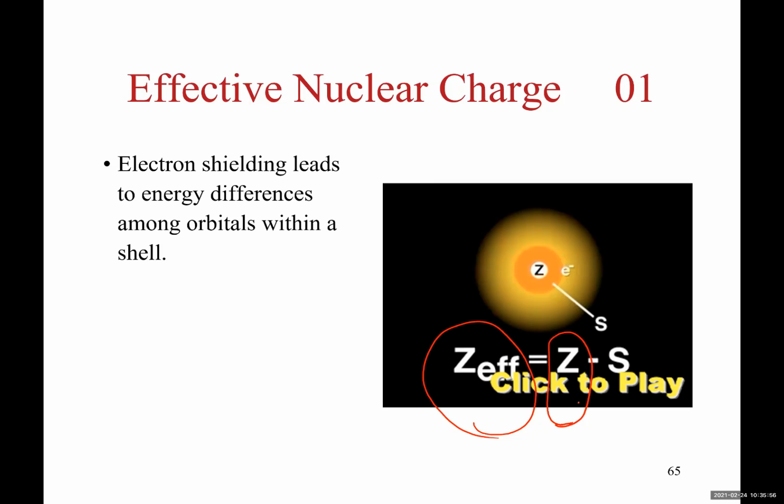What is the shielding effect? If a tree is shielding you from sunshine when you are sitting under the shade of a tree, by the same token, electrons on the first shell are shielding electrons on the second shell from the attraction of the nucleus.